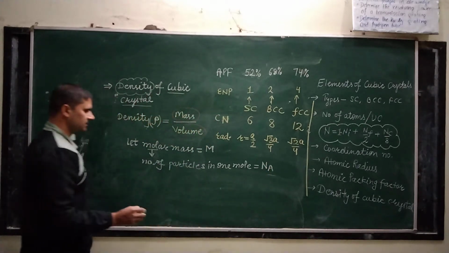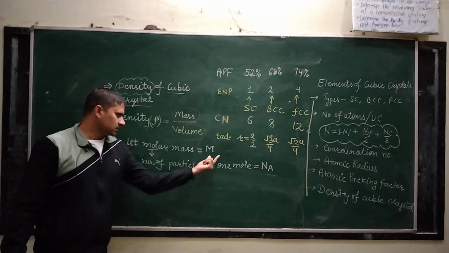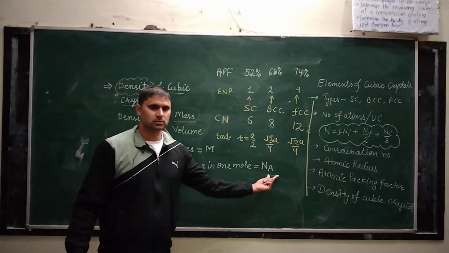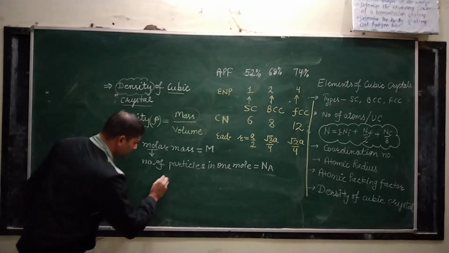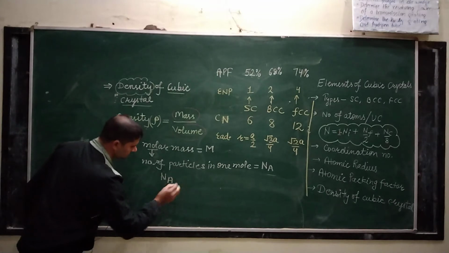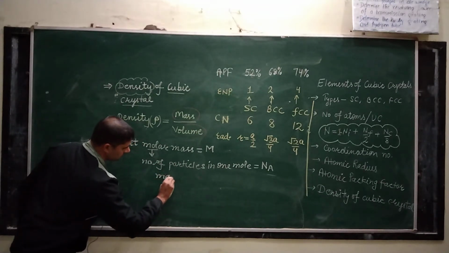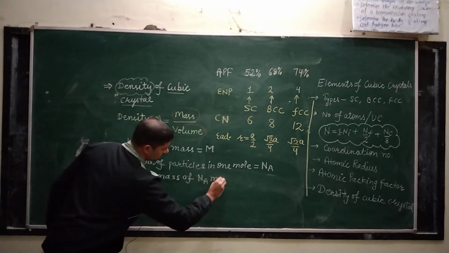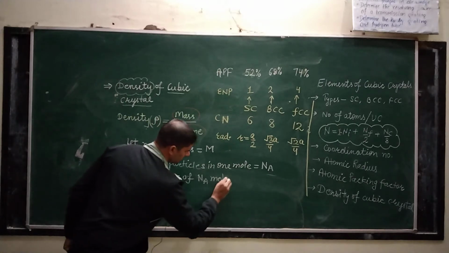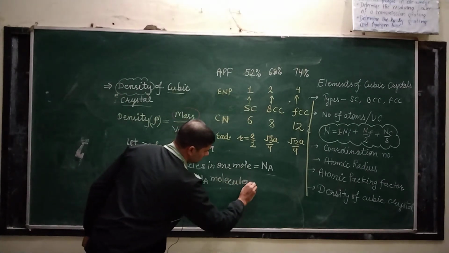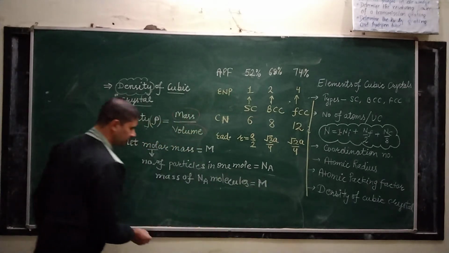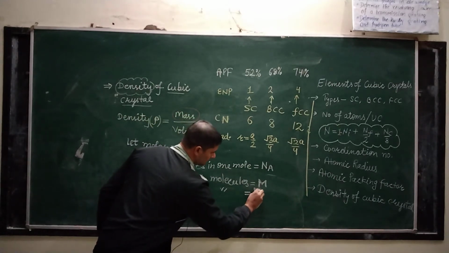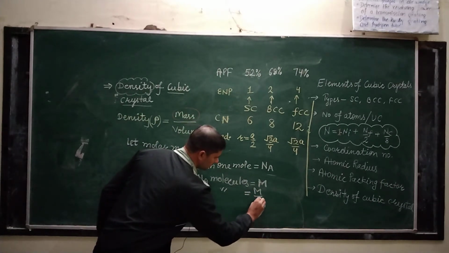You all know that. Okay class, so this molar mass, this capital M, is the mass of Na molecules. And mass of one molecule will be M by Na.